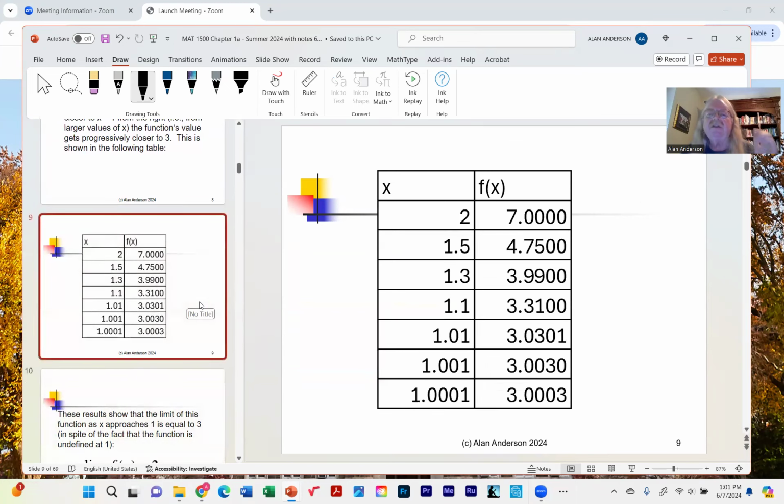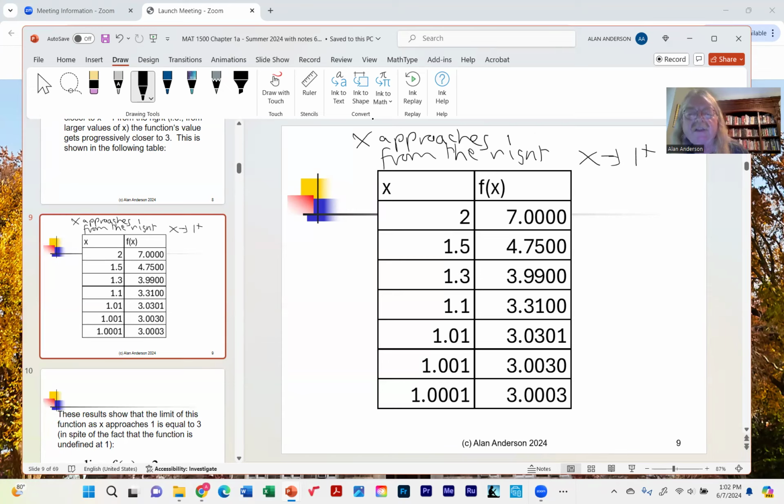And then here's the opposite case. x approaches from the right, or you can write it more formally as this. And so you can see x is getting smaller. It's getting really close to 1. And then the function is shrinking, and it's getting really close to 3.